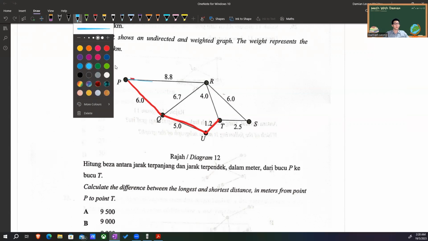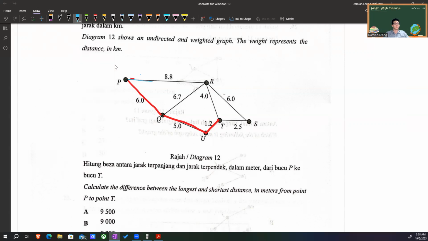Yeah, so I can go here, take a detour, then go here. But technically, I can go round and round around PQR, but let's not consider that.